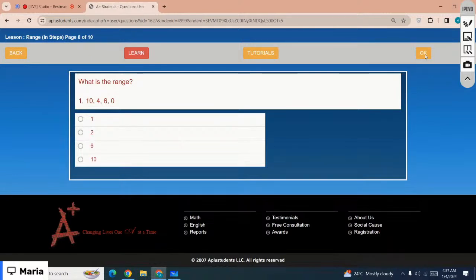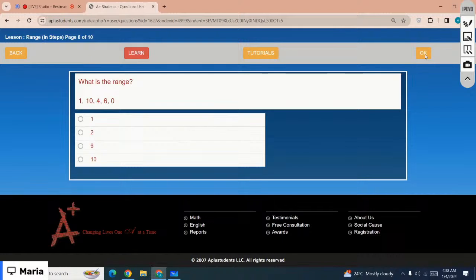What is the range? Which is the correct option? The correct option is, yes, that is 10 minus 0.